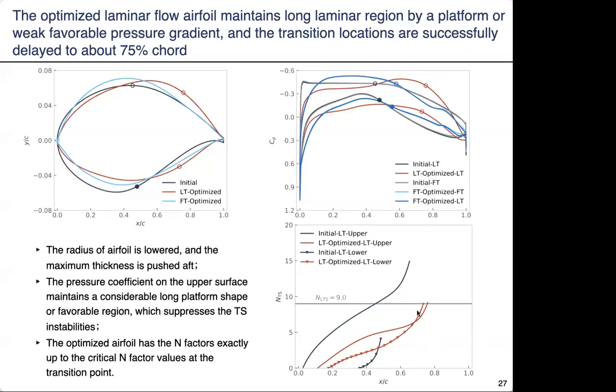And here we note that for the optimized airfoil, the N factor is exactly up to the critical N factor value at the transition point. So it indicates that the optimizer explores the full potential of the laminar flow airfoil.